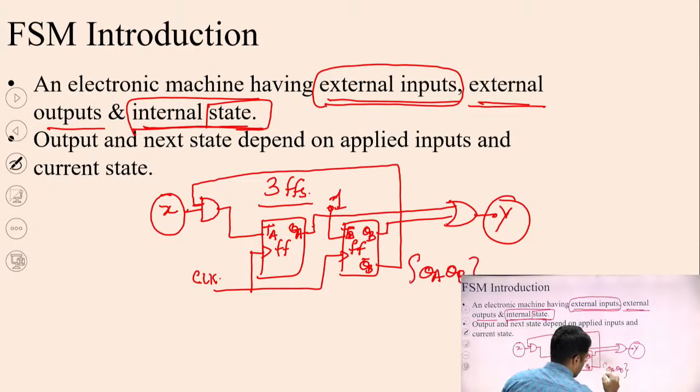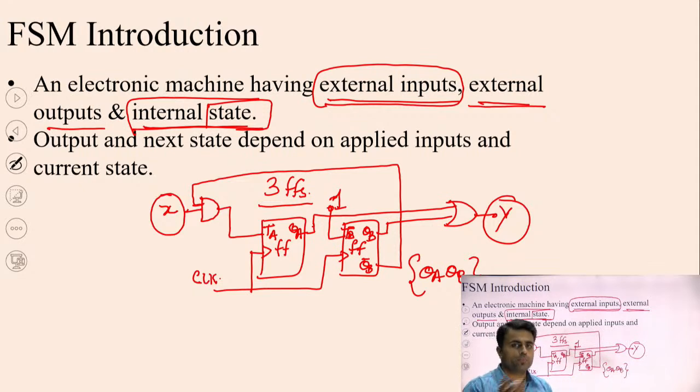If we read these 2 values together, this will be the state of the circuit. If QA is 0 and QB is also 0, then the state of the circuit is 0, 0. If QA is 1 and QB is 0, then the state is 1, 0. I hope it is clear what the state means. So, there are 3 things: external input X, external output Y, and internal state, meaning the outputs of the flip-flops.